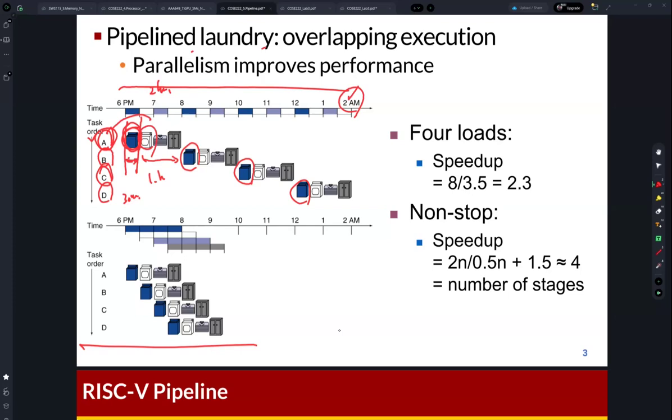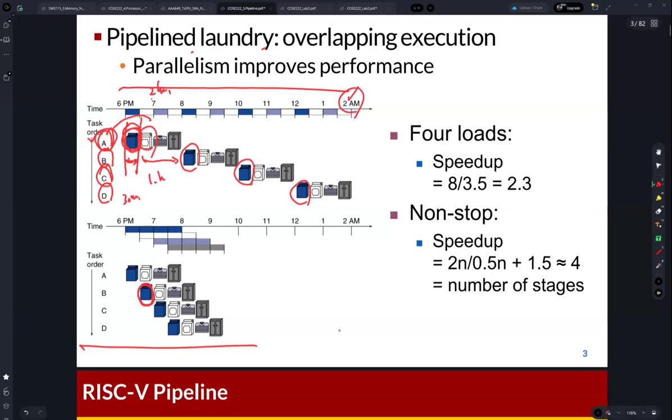Then if task A is moved to the next step, this washing machine step is idle, which means the washing machine can receive another task, like the next task. And if task B completes using this washing machine, then the washing machine can receive another task again.